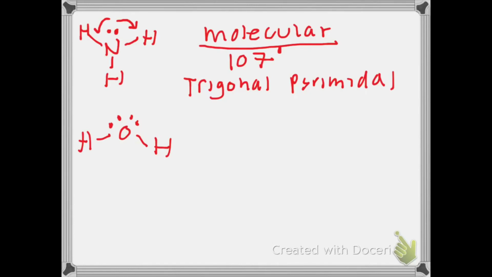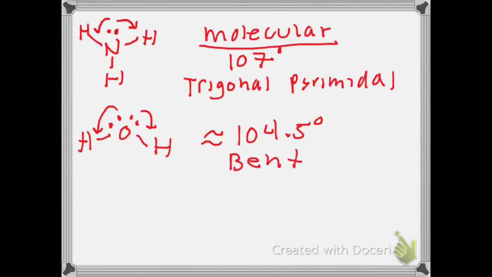And because these electrons here are going to bend this water molecule like that, it is going to have angles of 104.5 degrees. Now that's not exact, it's about there. And can you guess what it's called? Bent. So that's pretty easy to remember, and it shouldn't cause you any issues.